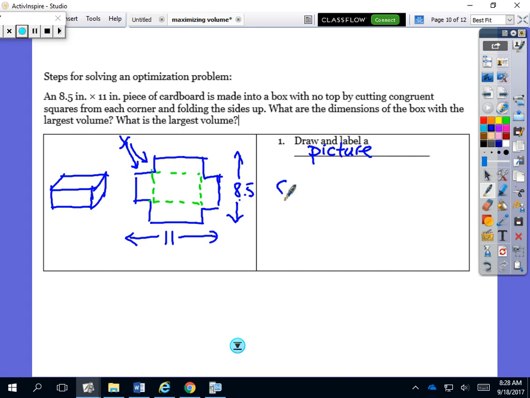So this is going to be 8.5 minus 2x here. And then what would this one be? I'm cutting the same amount out, so it'll be 11 minus 2x, and that will be this part. So I know our new length and width are 8.5 minus 2x and 11 minus 2x, and the height is x.